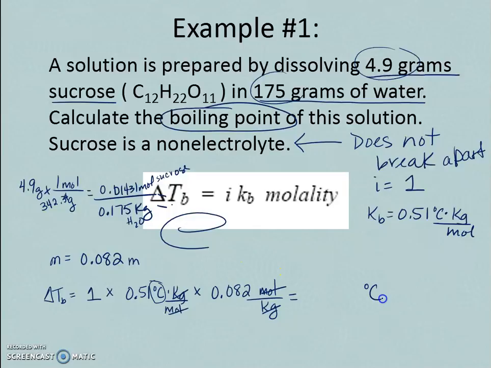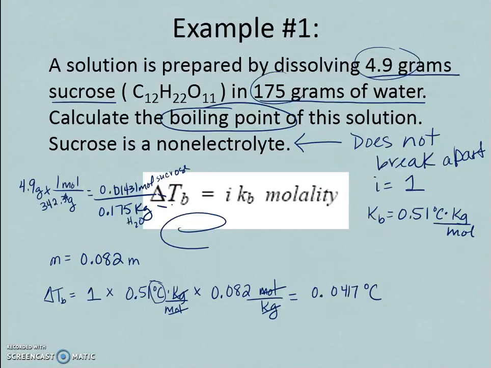Now we plug into the calculator 1 times 0.51 times 0.082, and the calculator gives us 0.0417 degrees Celsius. Now, if you stop here and say the boiling point is that, you're wrong. This is just the change in temperature for our boiling point, so we've got to do one more step.